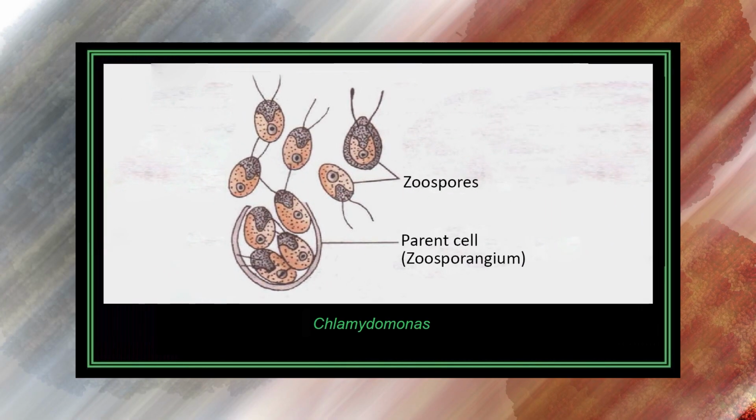The zoospores are liberated from the parent cell or zoosporangium by gelatinization or rupture of the cell wall. The zoospores are identical to the parent cell in structure but smaller in size. They simply enlarge to become mature. Under favorable conditions, the formation of zoospores can take place every 24 hours.